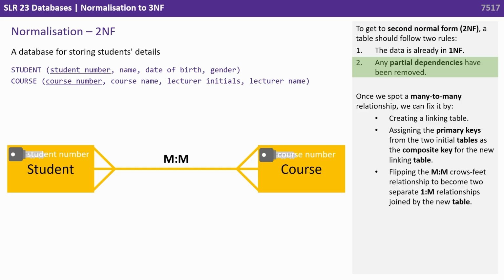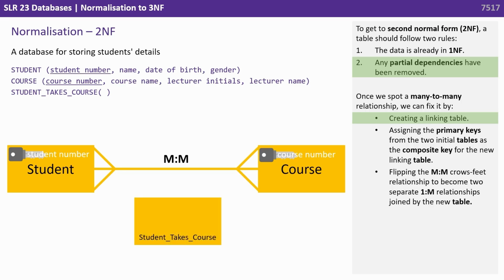So once we spot a many-to-many relationship, we can fix it by creating a linking table, assigning the primary keys from the two initial tables as the composite key for the new linking table. And then we flip the many-to-many crow's feet relationship to become two one-to-many relationships joined by the new table.